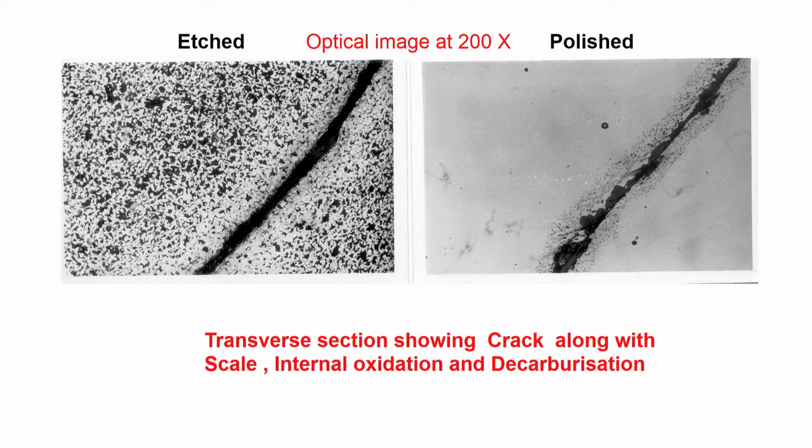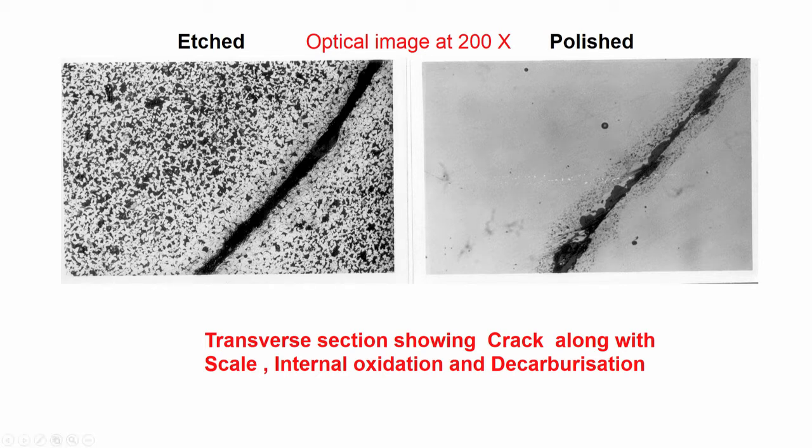So, on the right here, this is the polished condition. We have taken a transverse section of the crack and looked at how it appears. Under polished condition we see the exact shape of the crack in a much better way.